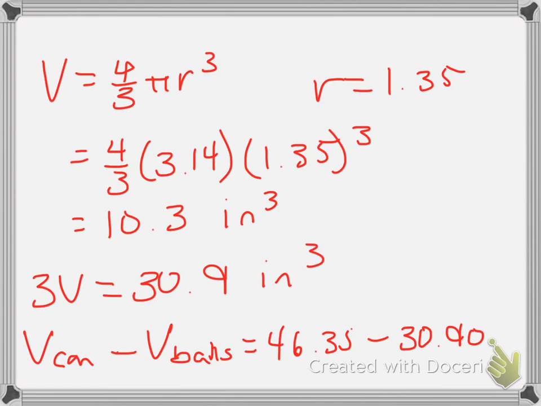And of course I have to use rounded values, even though I always tell you guys not to do that because we would get rounding error, but our calculator does not allow us to not use rounded values. We get approximately 15.45 cubic inches is the volume of empty space inside the can.